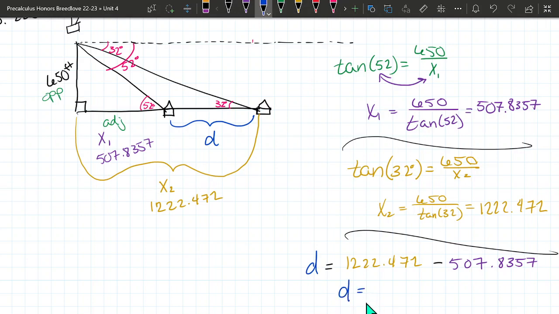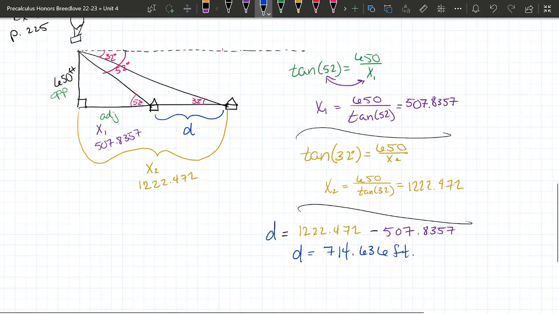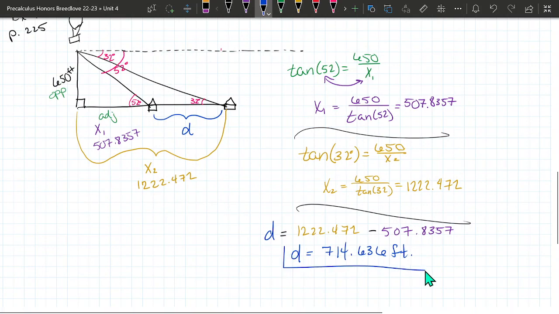So my distance between the two houses gives me 714.636. And since the measurement was given in feet for 650, this is feet. Okay.